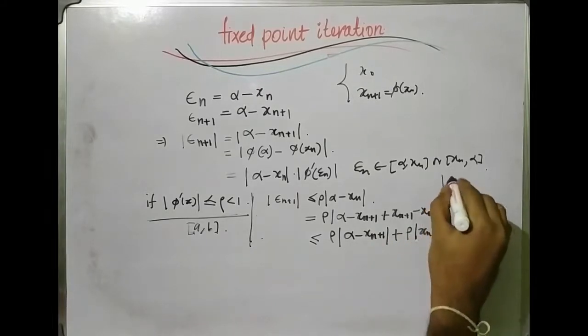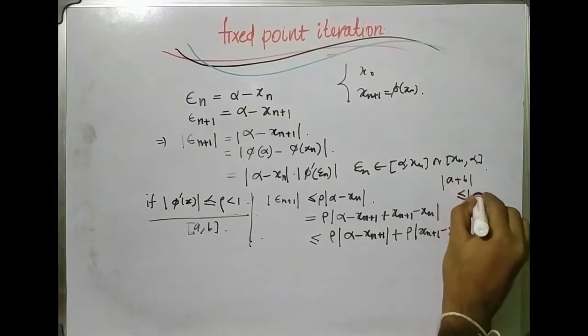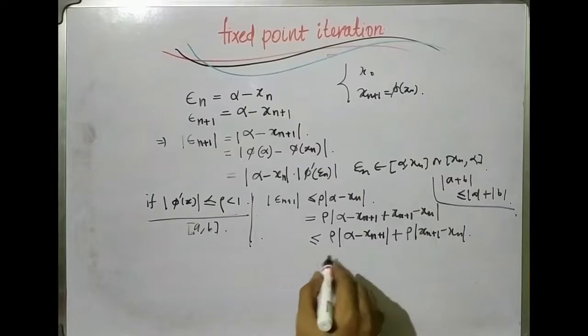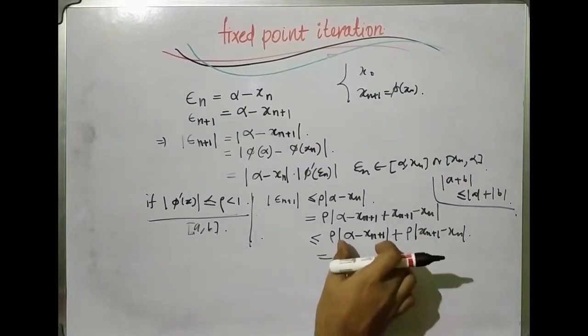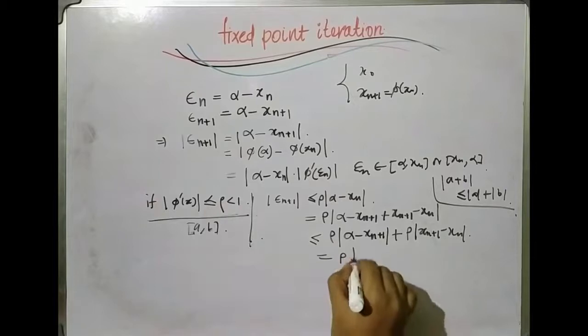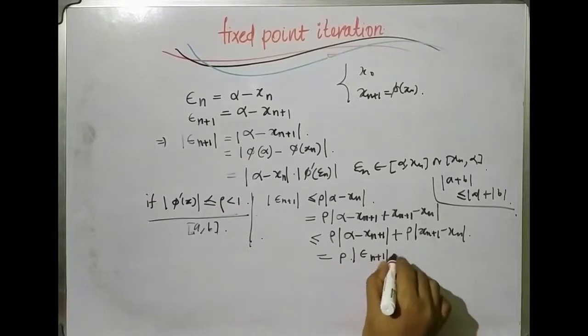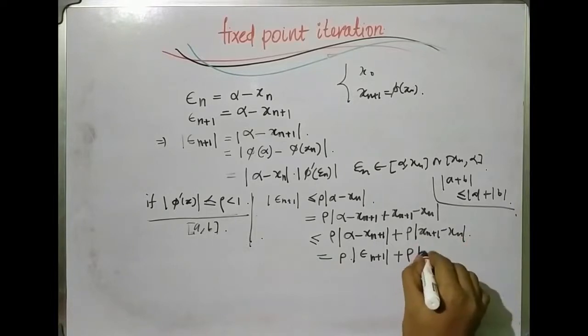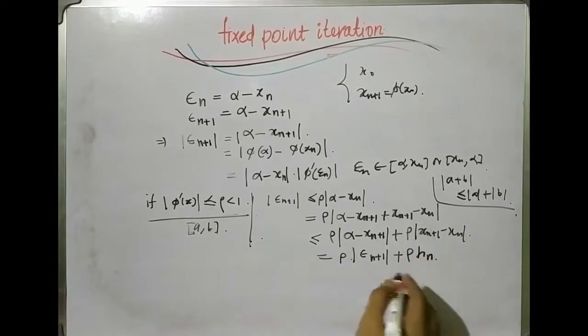So I am using this rule, mod of a plus b less than or equal to mod a plus mod b. So which is again rho into epsilon n plus 1, and this is the difference between two approximations. So let us write it as hn, right?